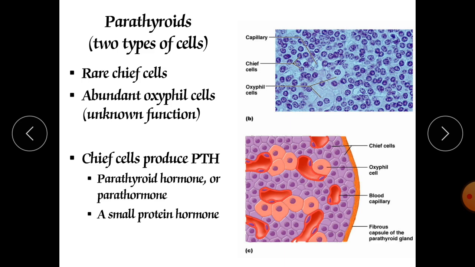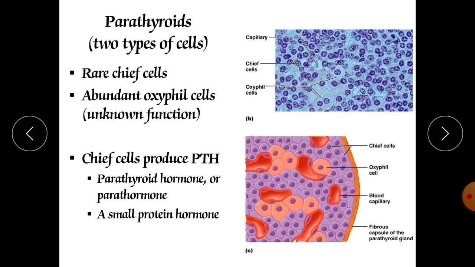This parathyroid hormone also acts on the kidney. It slows down the loss of calcium and magnesium into the urine. It won't allow calcium and magnesium to be released into the urine; it increases their reabsorption from the tubules.